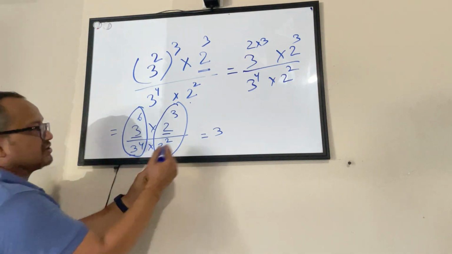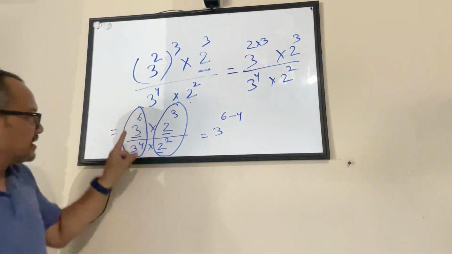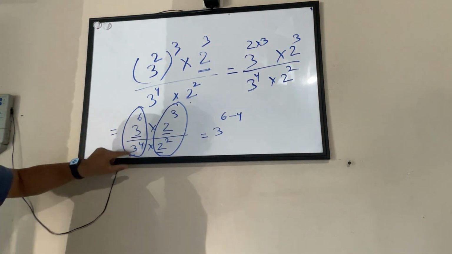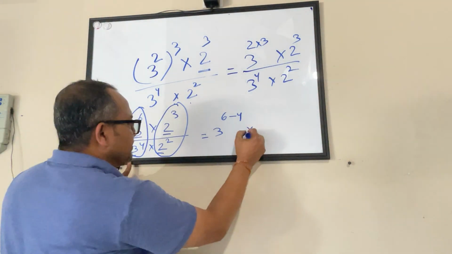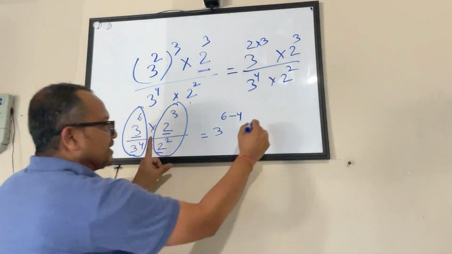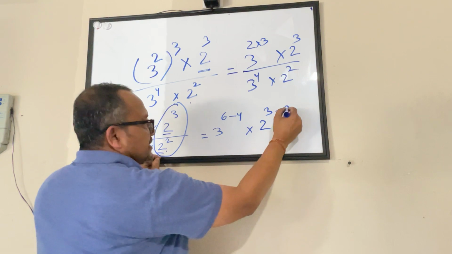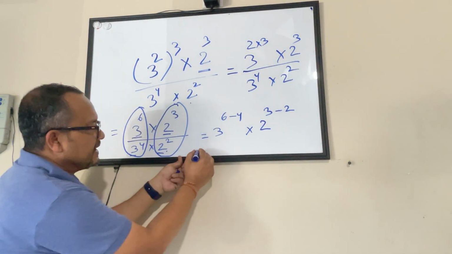This I am calculating together. This becomes 3 to the power 6 minus 4, because this is a numerator, this is a denominator. When I am dividing, I subtract the power. Then the second part is this 2 thing. 2 has 2 to the power 3 and the denominator has 2 to the power 2. This becomes this. So this is my next step.